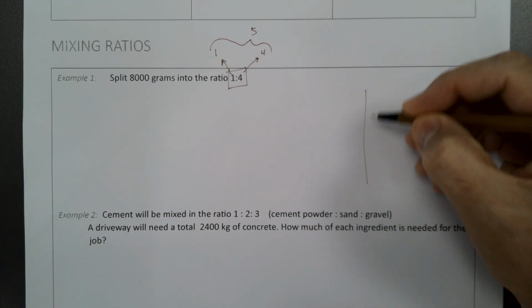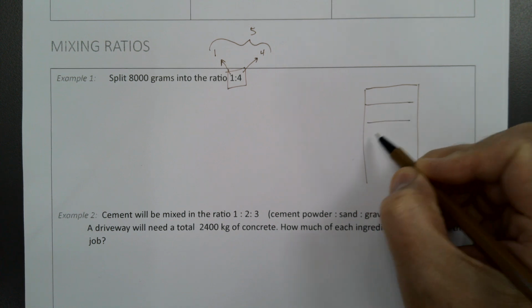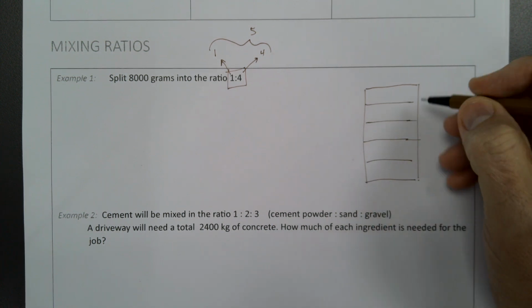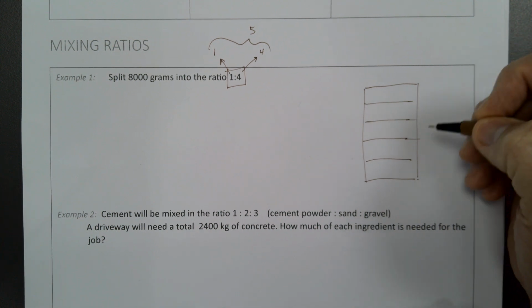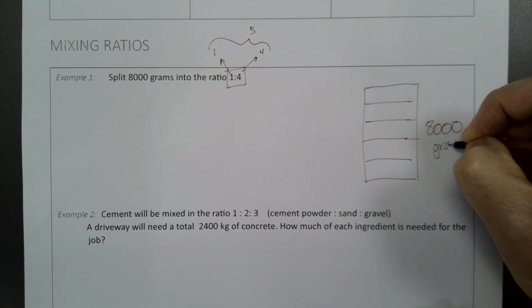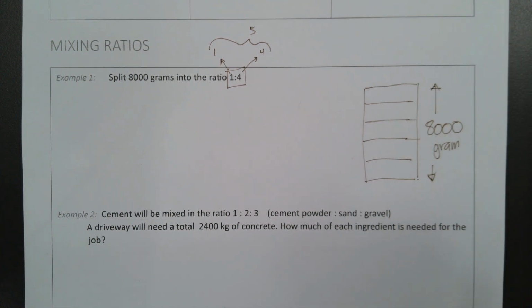So here's a good way to go about it. 1, 2, 3, 4, 5. Now let's assume that these are all equal, and that this rectangle represents 8,000 grams. So the whole thing is 8,000 grams, and I've just sliced it up into 5 equal parts.